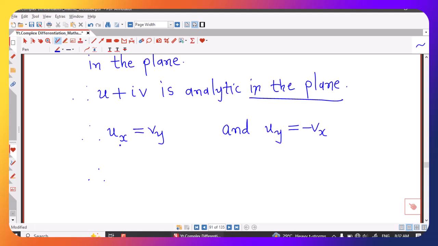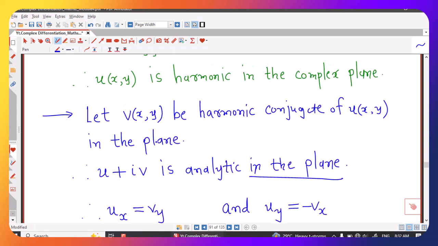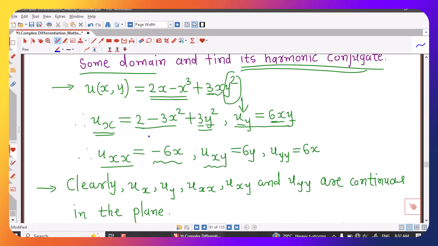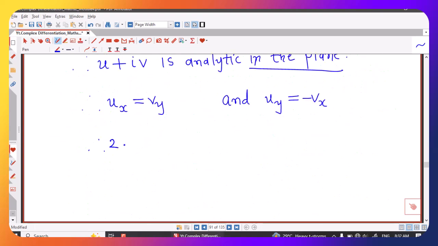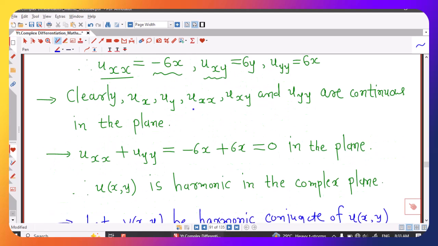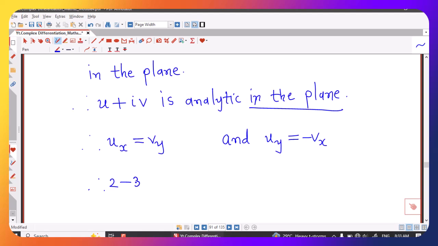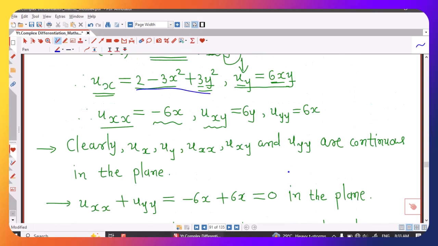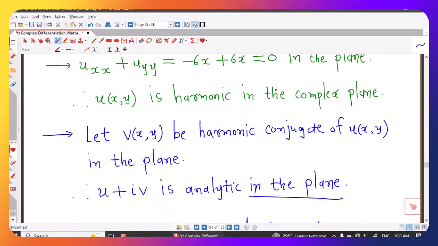Now we are having partial derivatives of u with respect to x and y, that we will substitute here, and we will have partial derivatives of v with respect to x and y. What is del u by del x? It is 2 minus 3x square plus 3y square, that is equal to del v by del y, and del u by del y is 6xy.